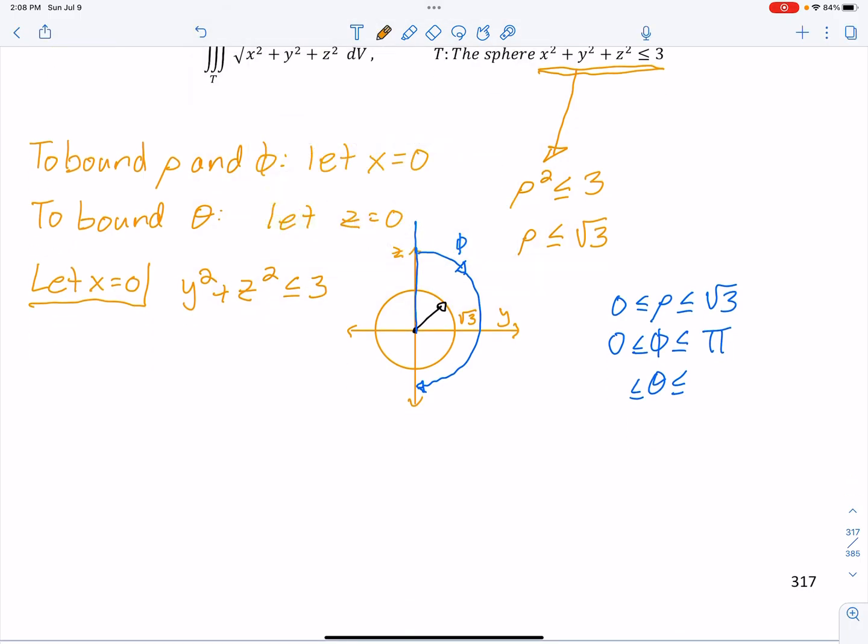So to find theta, we let z equal 0. So if I let z equal 0, then I have x squared plus y squared is less than or equal to 3. Okay, I can see that that is a circle with radius square root of 3. All right, we could draw it if we needed to.